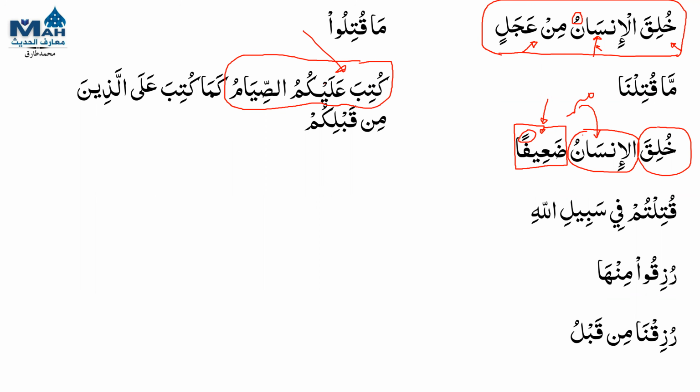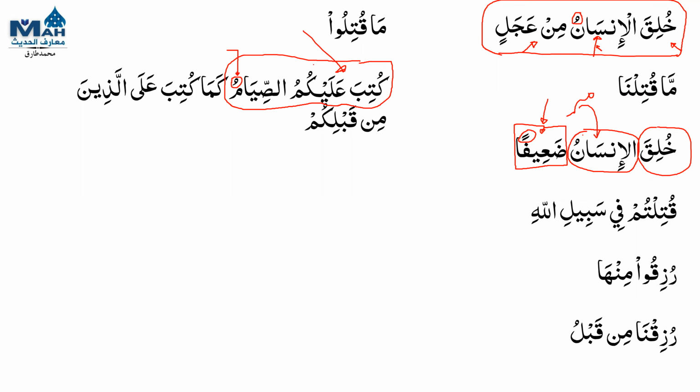Yes, sorry, Ustad. It's alaykum. Kum is the antum. Antum is the naibul fa'il. Astaghfirullah. Sister, what is it? Can you read it correctly? Kutiba alaykum siyamu. Fasting is written upon all of you.